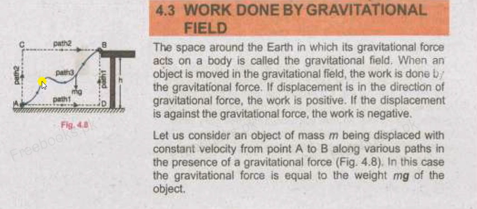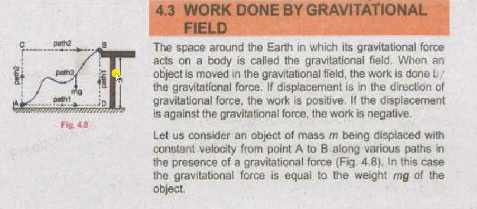So there are three paths by following which we can move from point A to point B, and we want to calculate the work done in moving this body of mass m from this point A to point B within the gravitational field.